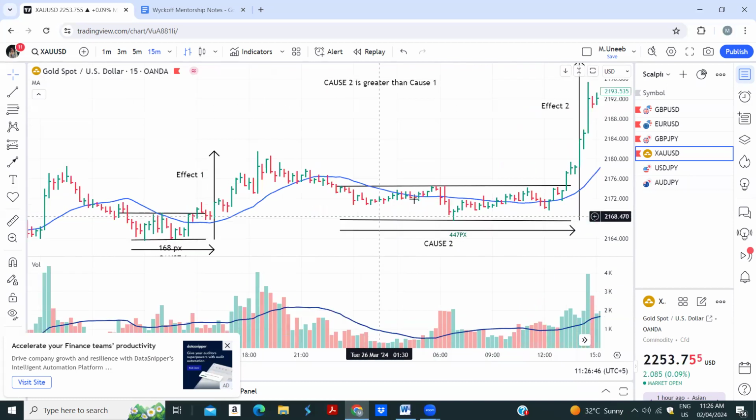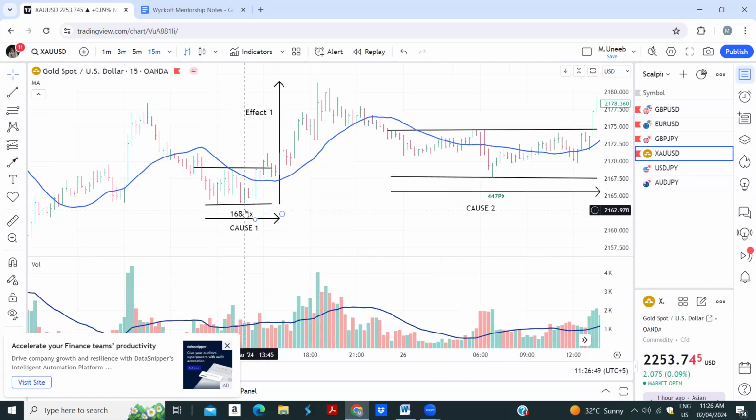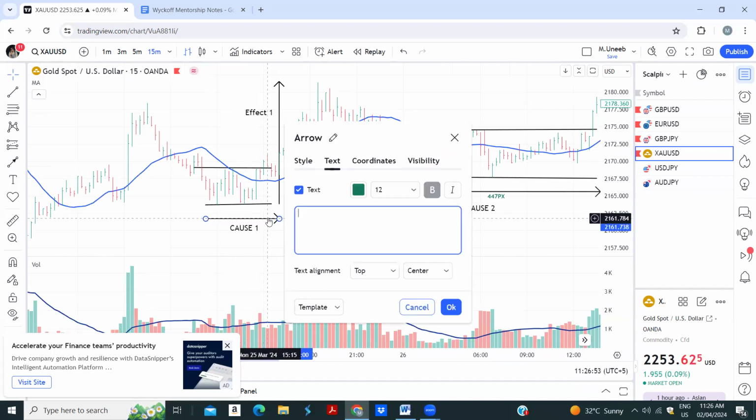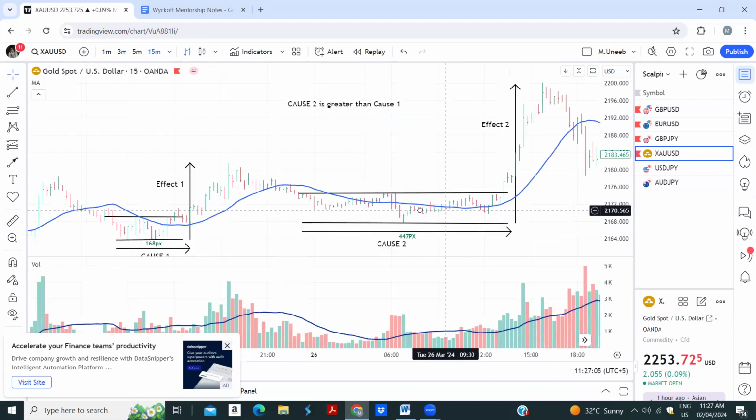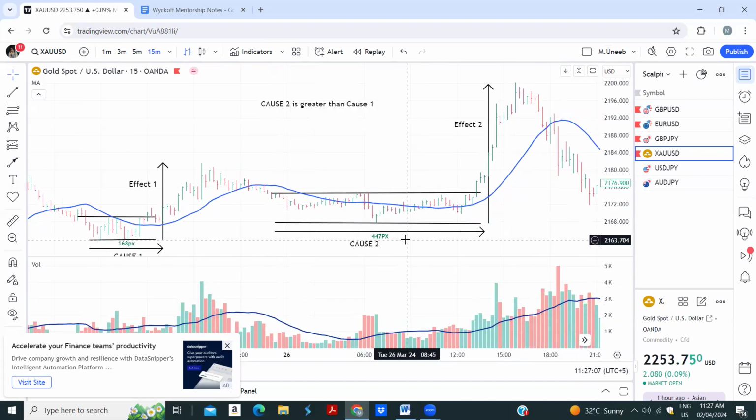So cause 1 is 168 px and cause 2 is 447 px. It means that cause 2 is greater than cause 1.